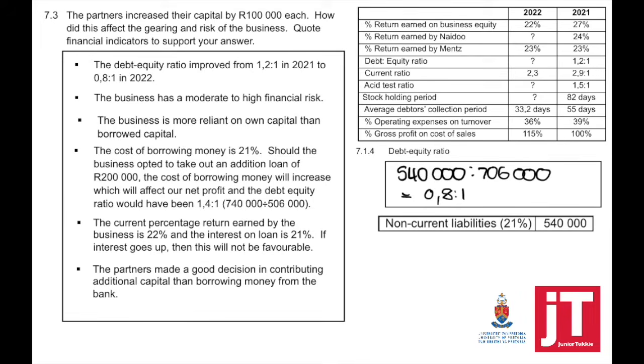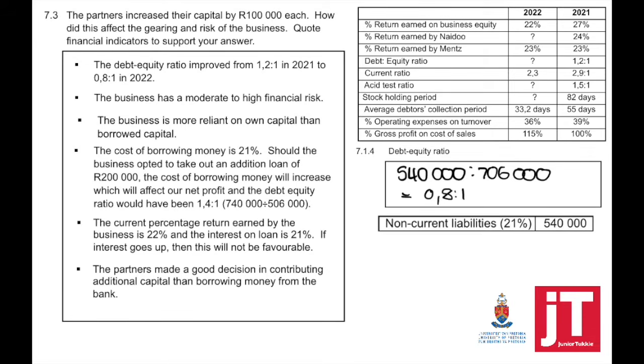Now, in this calculation, if we compare last year with this year, it decreased. The business is more reliant on owned capital than borrowed capital. Remember, the question is, was it a good decision for the partners to increase their capital?